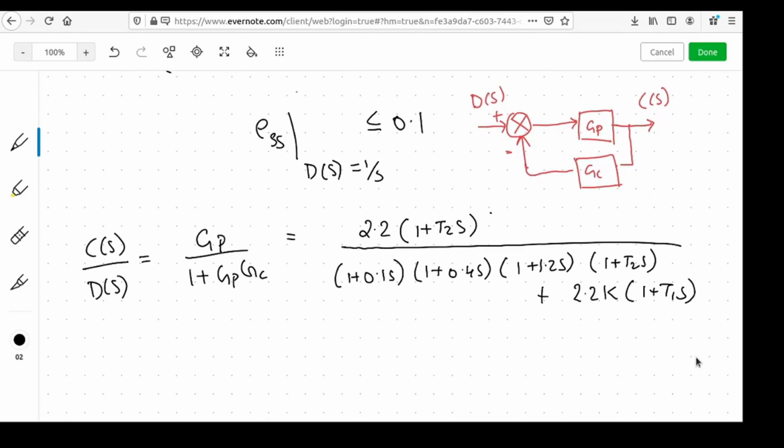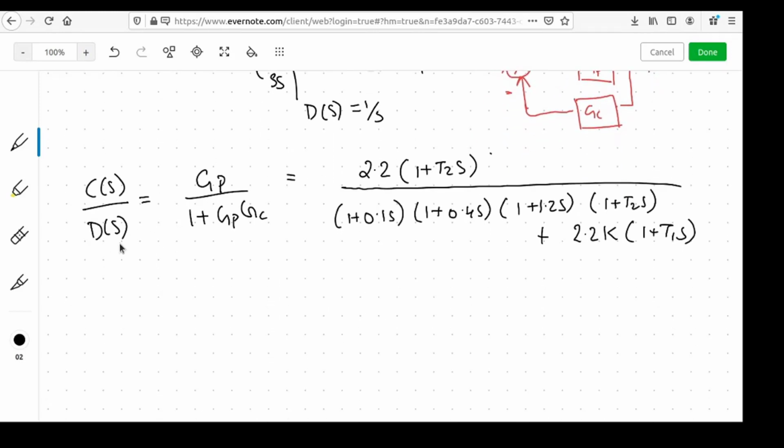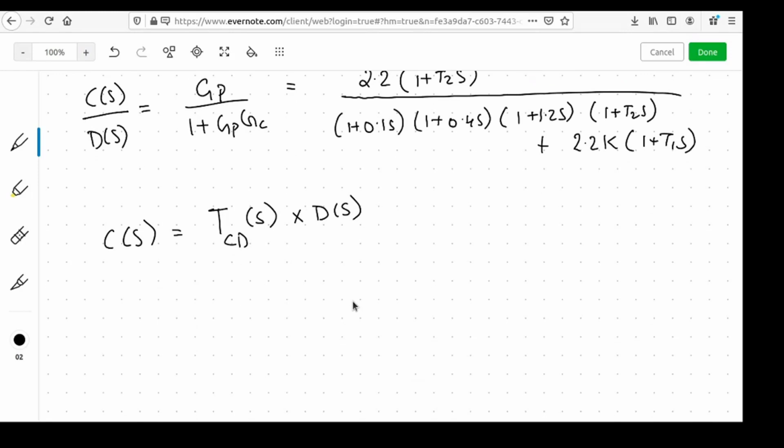Now we can find the output when the disturbance is unit step. T of s will be equal to, let me call this transfer function Ttd of s, times D of s. Using the final value theorem, limit t tends to infinity, T of t is equal to limit s tends to 0, s times T of s.